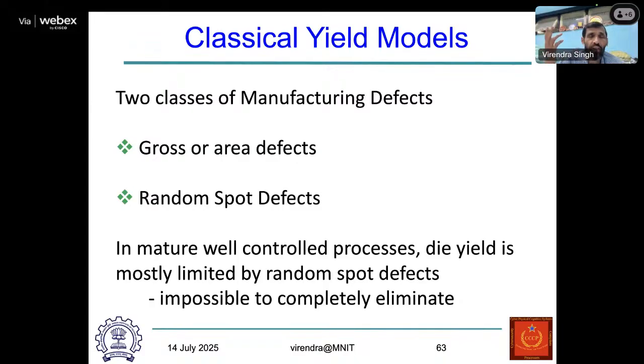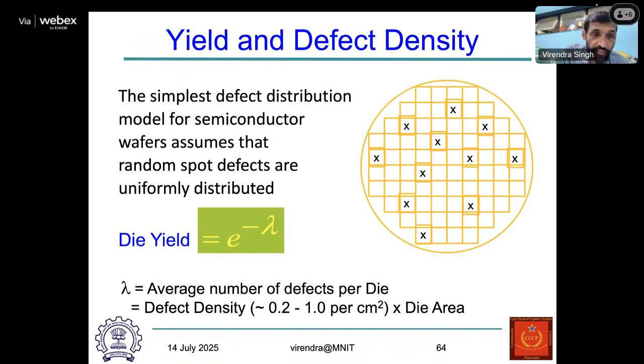However, in an immature process, the yield is dependent on the systematic defect or gross defect. Now, one can model this. This is an empirical model that we can have.